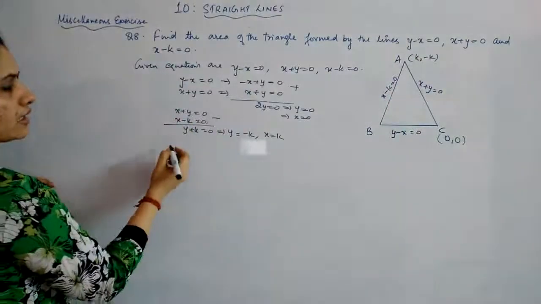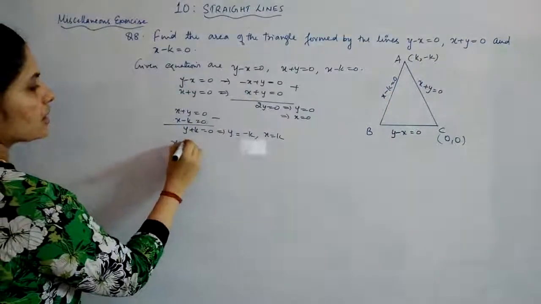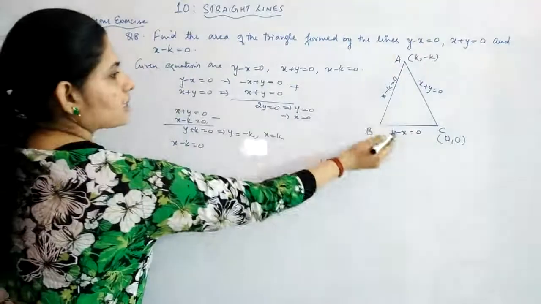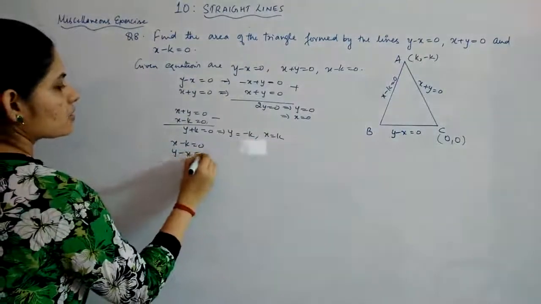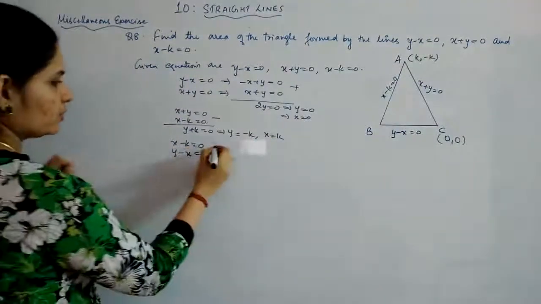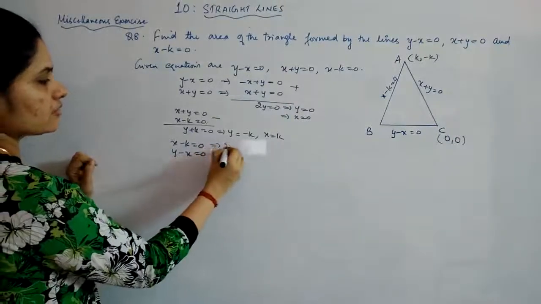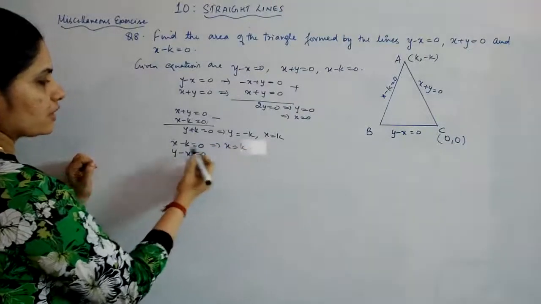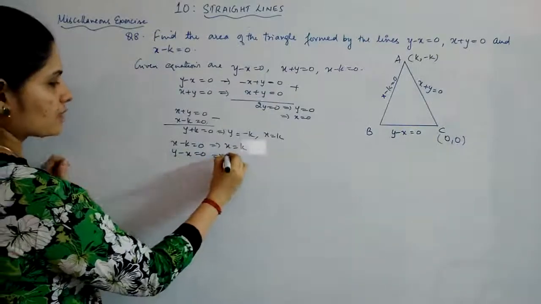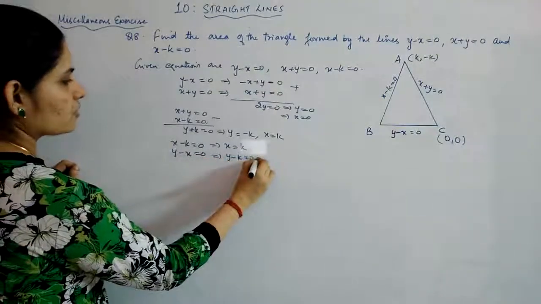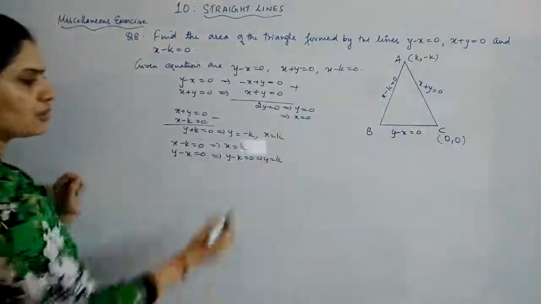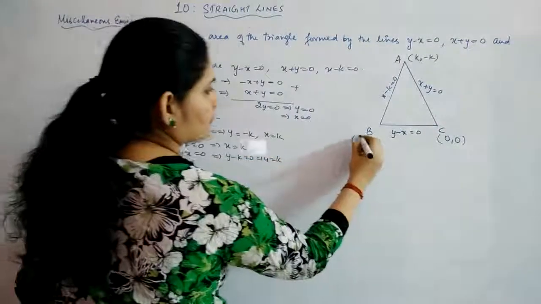Now the remaining two, that is x minus k equal to 0 and y minus x equal to 0. You can see that this will give you x is equal to k. So when you are substituting here, you will get y minus k equal to 0, or y is equal to k. So the point is k comma k.